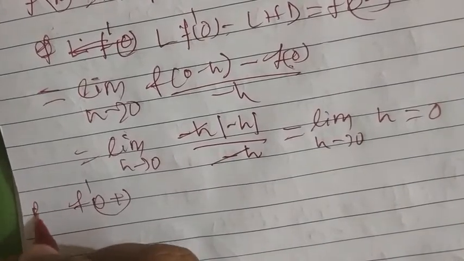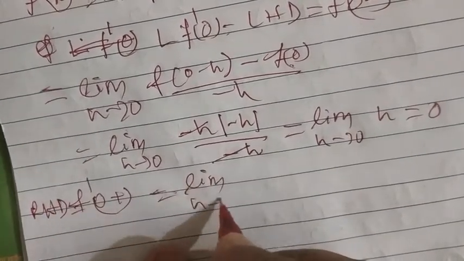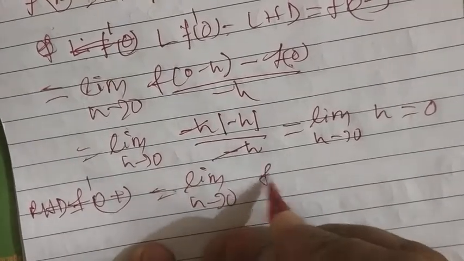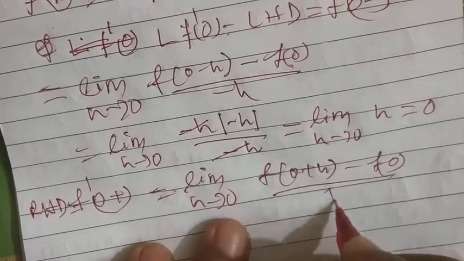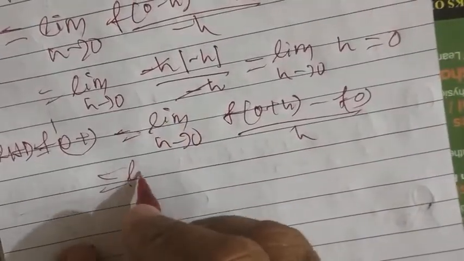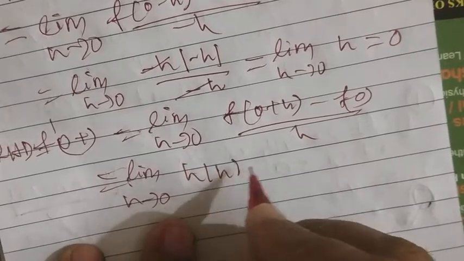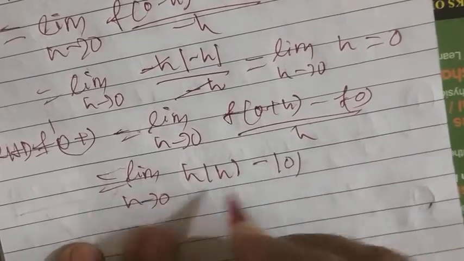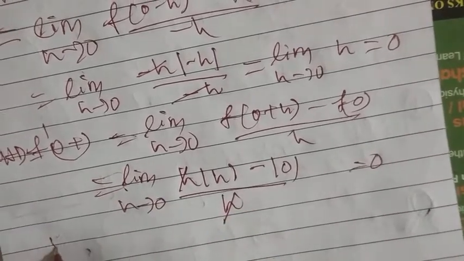And what is f dash 0 plus? That is RHD. It is nothing but limit h tends to 0, very simple, f of 0 plus h minus f of 0 by h. What is it? Limit h tends to 0, h mod h minus 0 by h, cancelled, and it is 0.